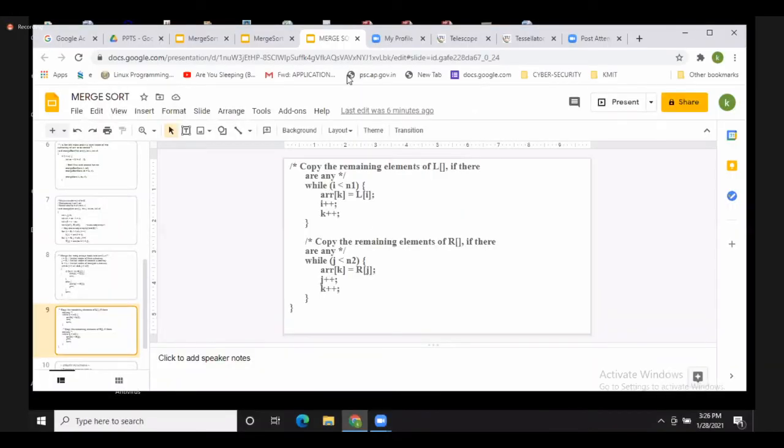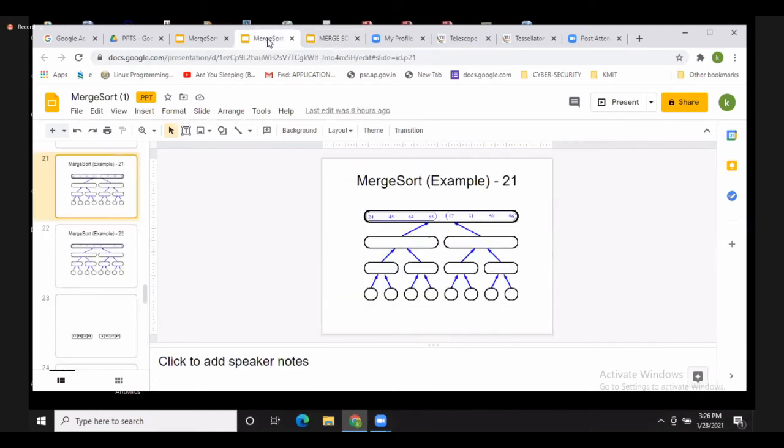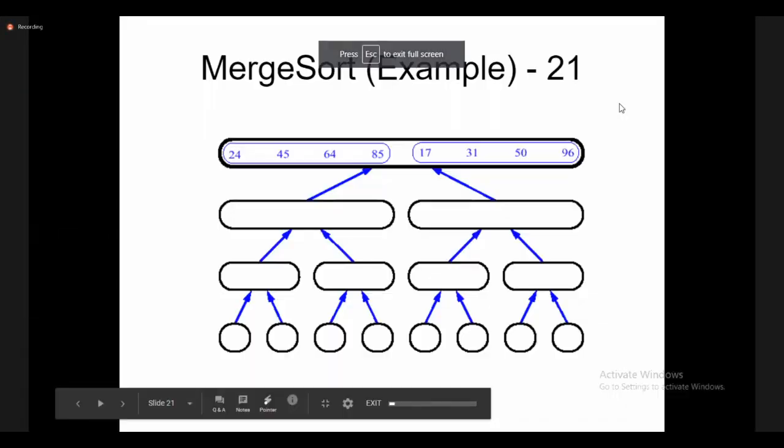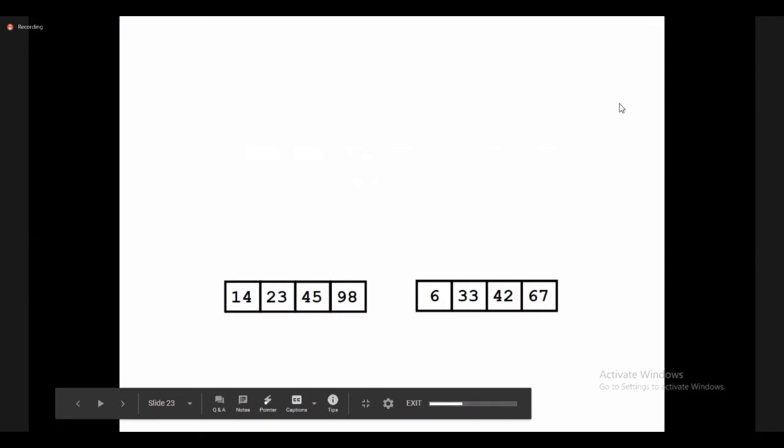Okay, see here. The left side part size is 4, and the right side part size is also 4.